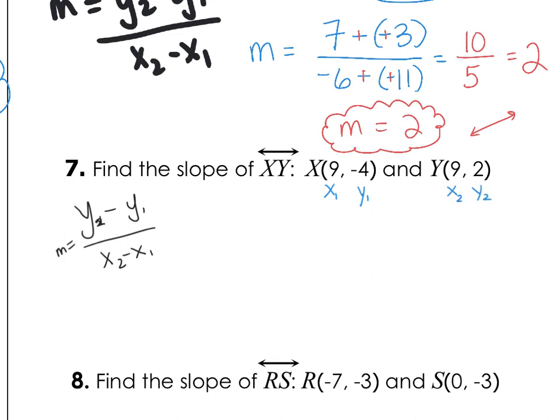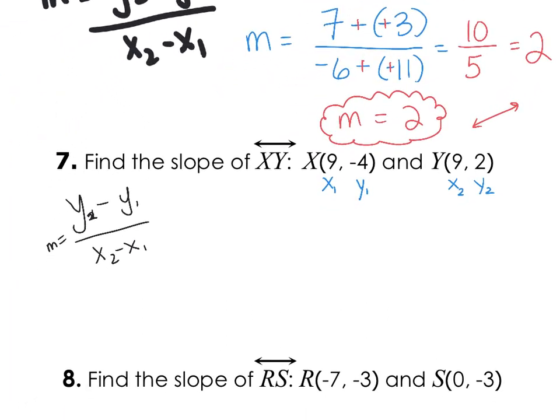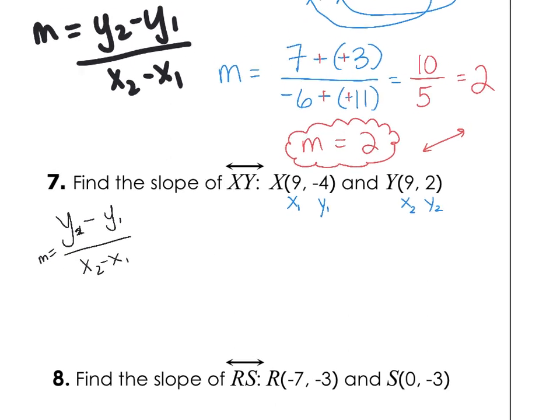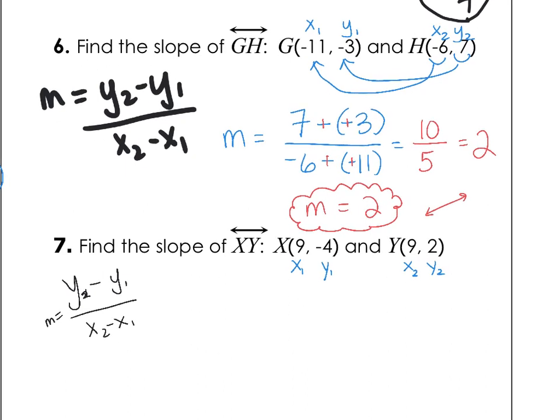If you're wondering what these big letters are, they're just giving a name to the points. This is point X and point Y. If we actually drew the line, it would have an X and Y on it. For example, number 6 was G and H over here.